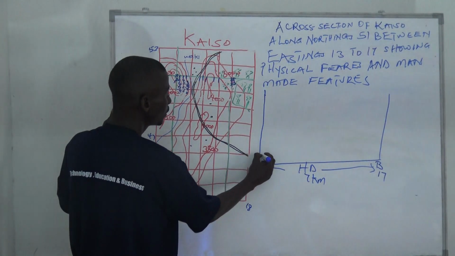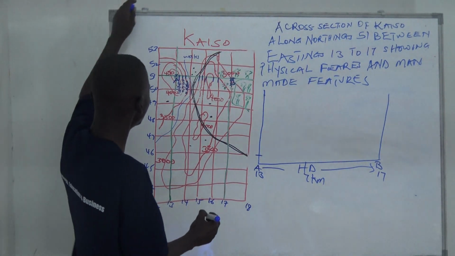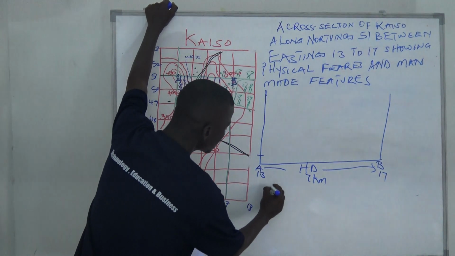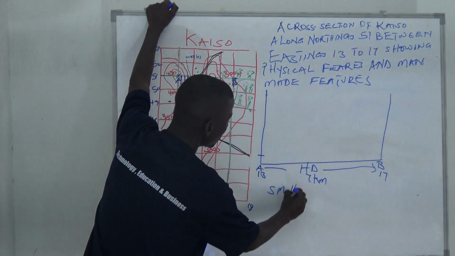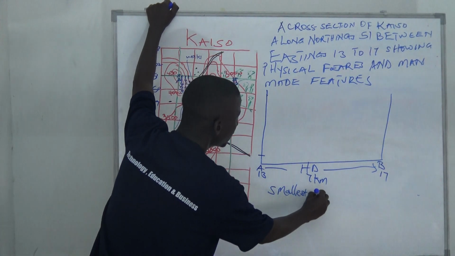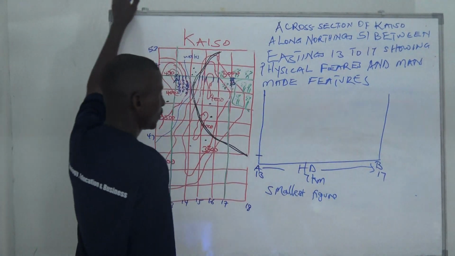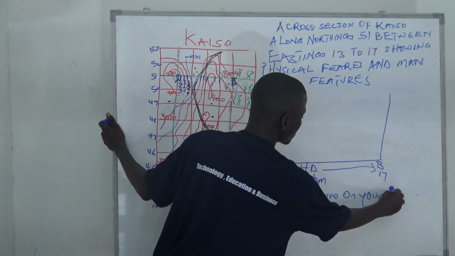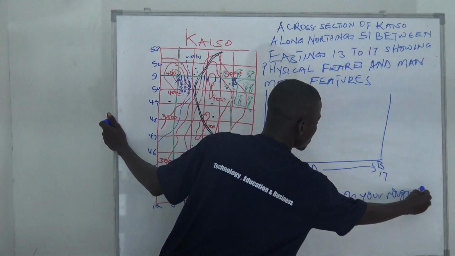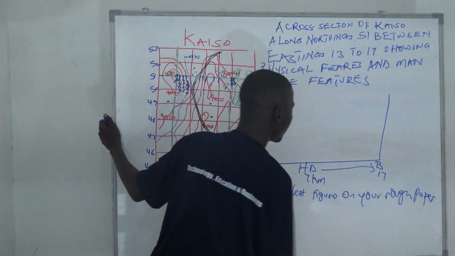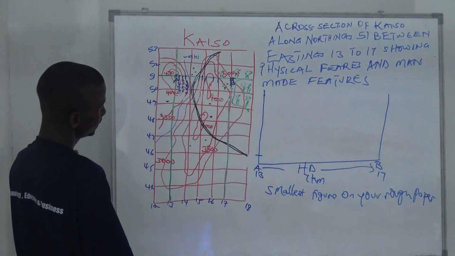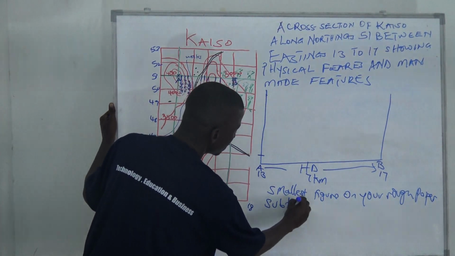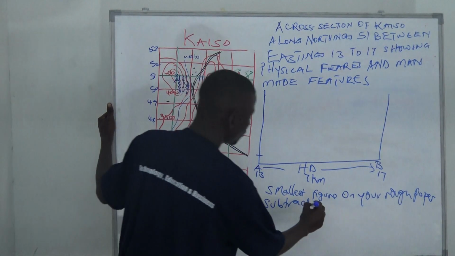Then the vertical scale. There are so many ways of getting our vertical scale, but the first one is to get the smallest figure on your rough paper, then subtract the vertical interval.